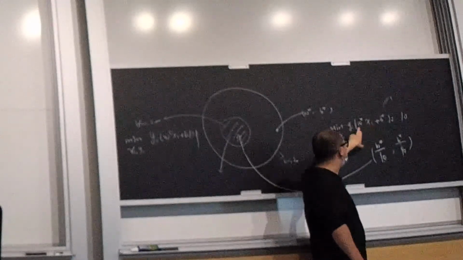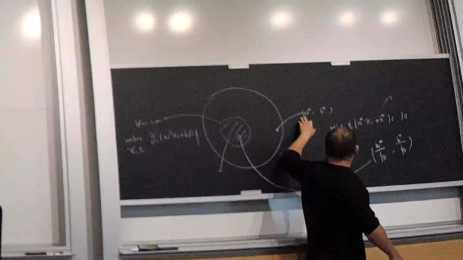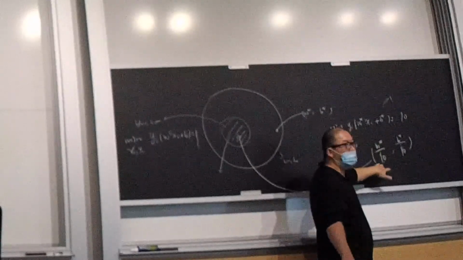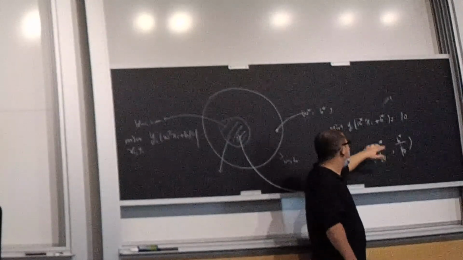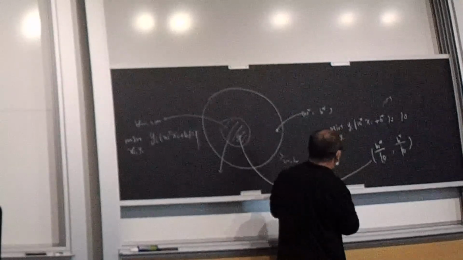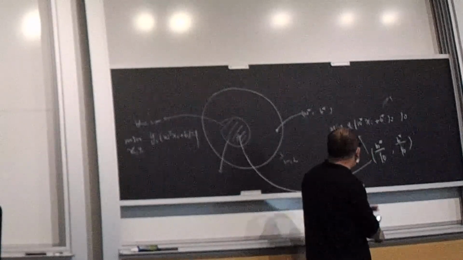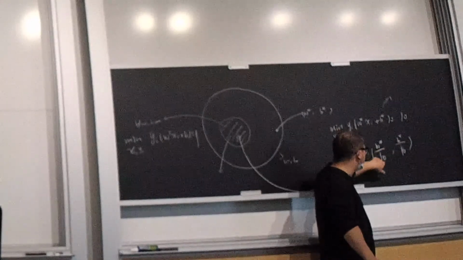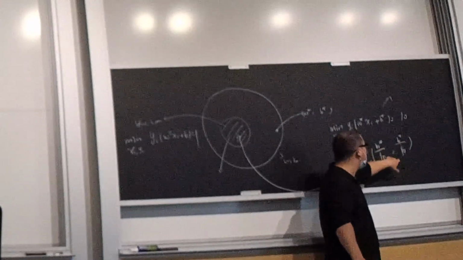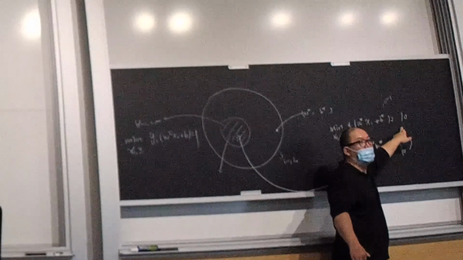Now if I divide this optimal W star, B star by 10, we immediately get that the minimum function margin by using W star over 10, B star over 10 is 1.